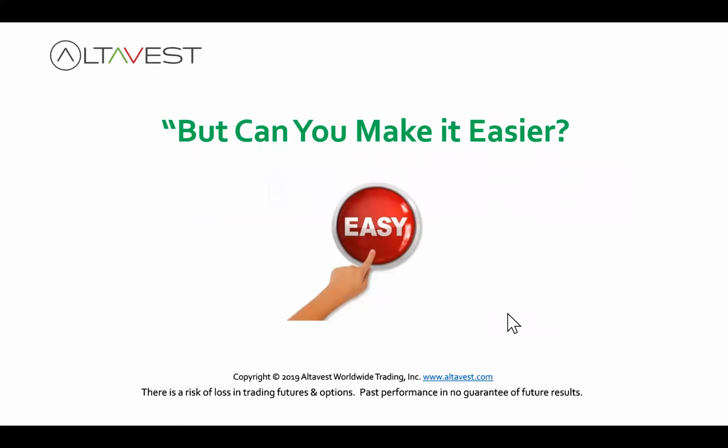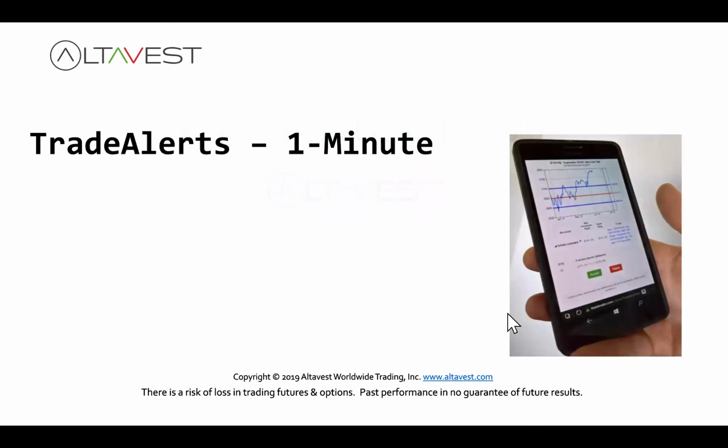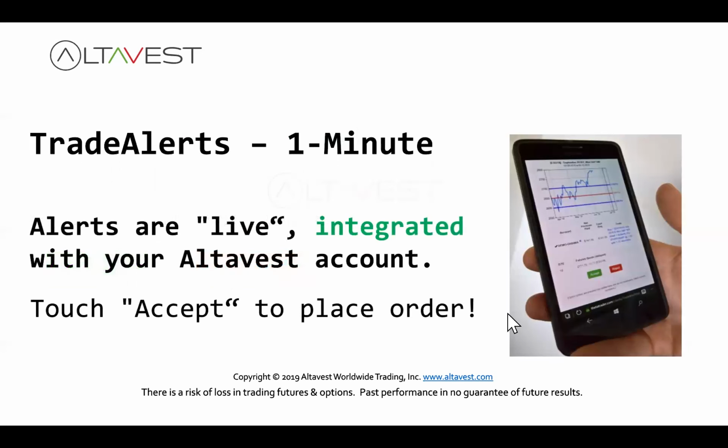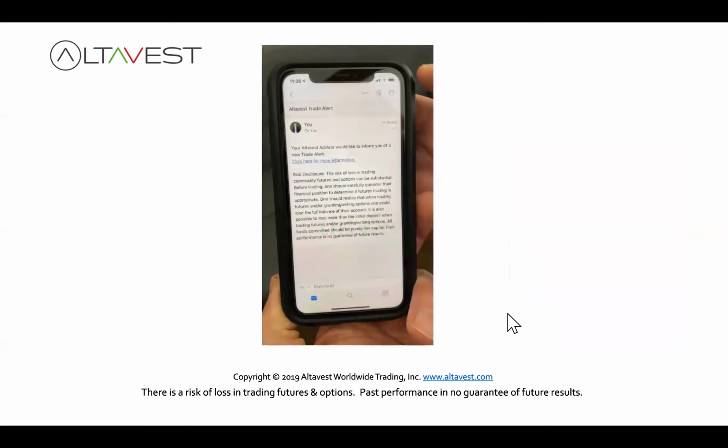Yes, we can make it easier. We have trade alerts that you can execute in 1 minute. It's one touch responsive. And I don't think you've seen this before anywhere, and people absolutely love these alerts. You simply touch, accept, or reject, and that's all that's required on your part. So these are live and integrated with your AltaVest trading account. So if you like it, you touch accept. If not, you touch reject. So here is what it looks like.